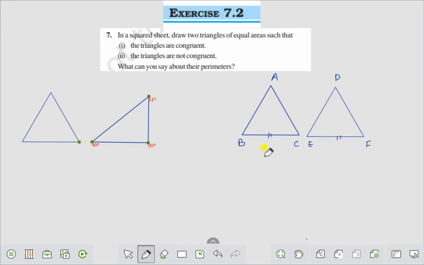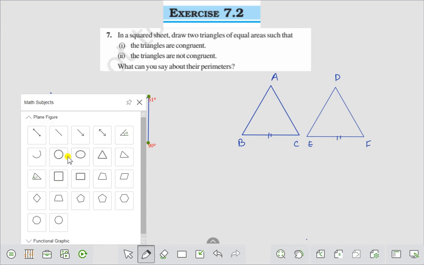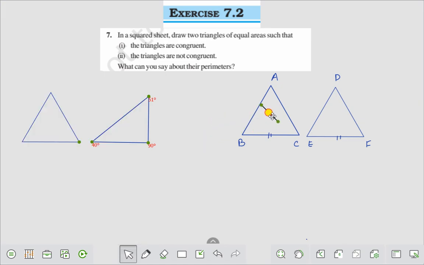Right? And if we take this height, this is the height of the triangle.